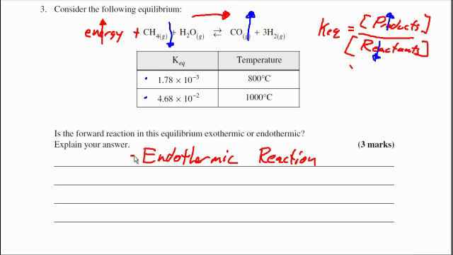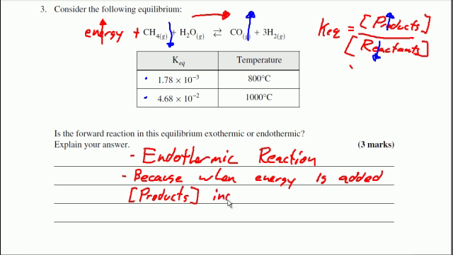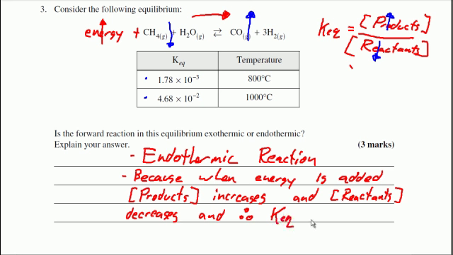It's an endothermic reaction, and you can say because when energy is added, or in other words, heat or temperature is added, the concentration of products increases, and the concentration of reactants decreases, and therefore KEQ increases.